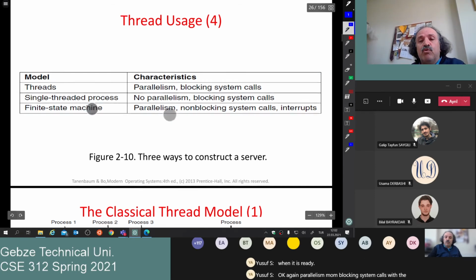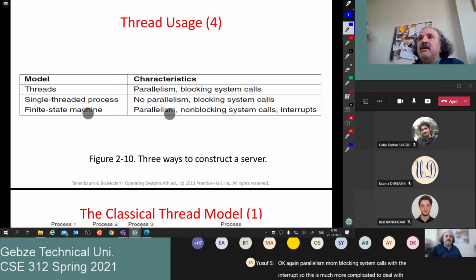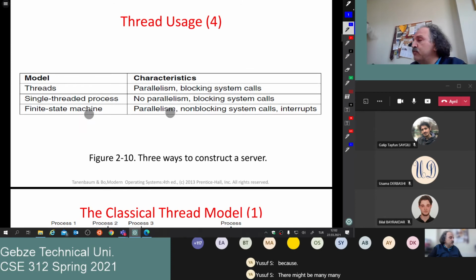This is much more complicated to deal with because there might be many requests waiting to be satisfied, and it will make your program a lot more complicated.